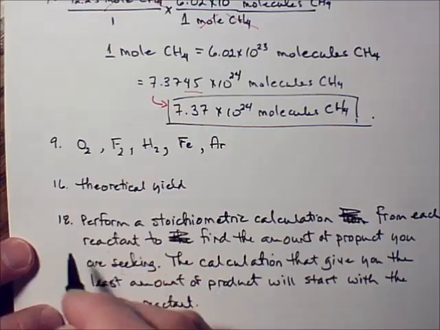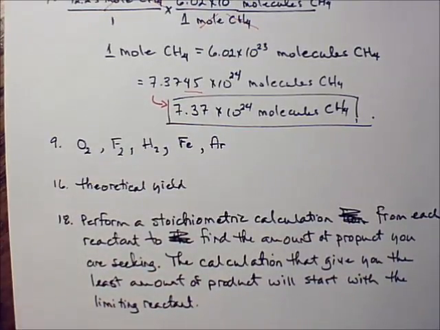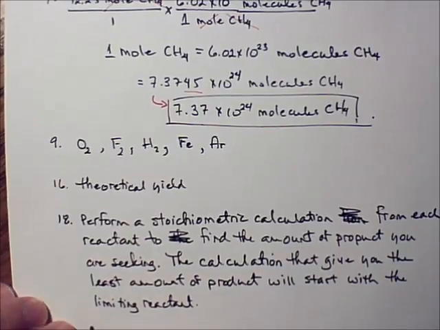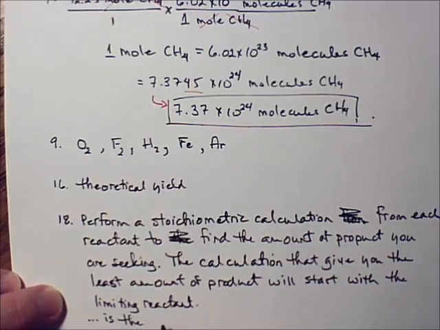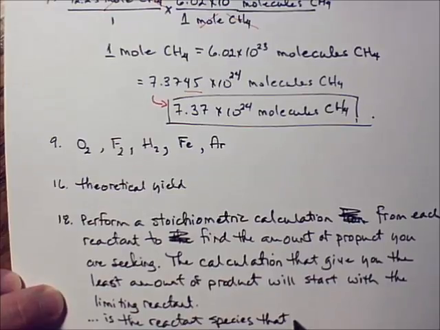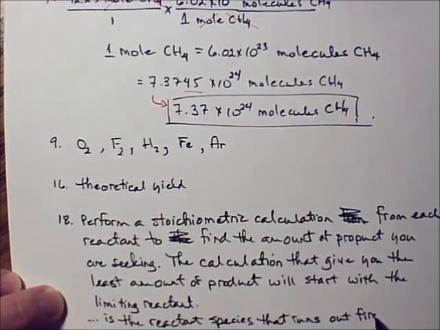So this is actually the second part of the question. The first part of the question, number 18, was what is a limiting reactant? A limiting reactant is the reactant species that runs out first and stops the reaction.